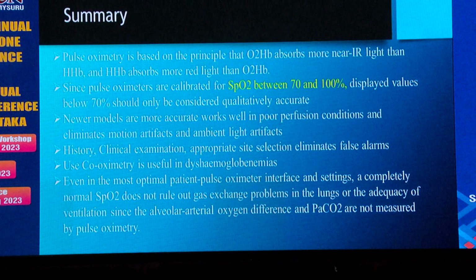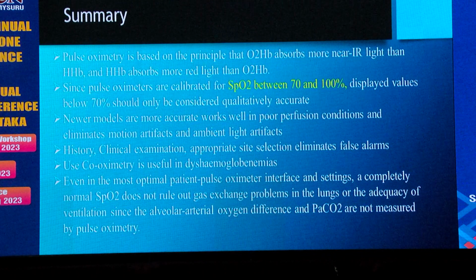To summarize, pulse oximetry is based on the principle that oxyhemoglobin and deoxyhemoglobin absorb light differentially. Since pulse oximeters are calibrated between 70 to 100%, a reading below 70% is very unreliable. Newer models are more accurate, and most erroneous pulse oximetry readings can be ruled out in the newer models.